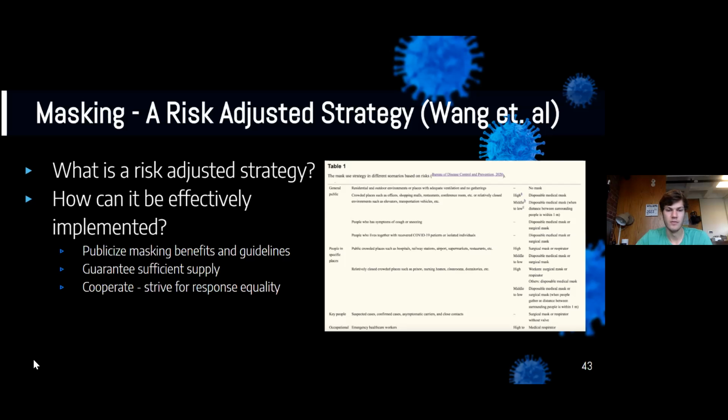There's also the problem of guaranteeing sufficient supply, which is really only possible through international cooperation and the strive for response equality, meaning that we want to try to give every country, regardless of economic status, an equal opportunity to respond to the pandemic, which is obviously not going to happen realistically. But it's a very interesting goal to think about, and it really puts into perspective where we are globally in terms of international cooperation. So something to think about there.